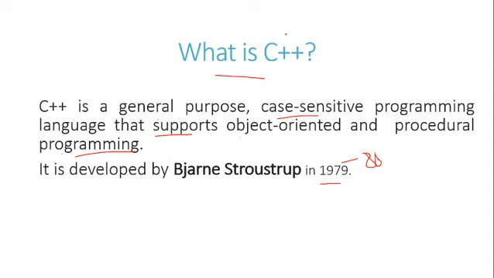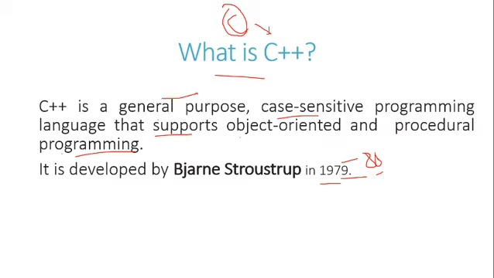Before C++, as we know, C++ is based on C programming, which was developed by Dennis Ritchie in 1971 or 72. In between 71 and 72, and from 69 he started to develop the C language, but C++ was developed in 79 to 80.